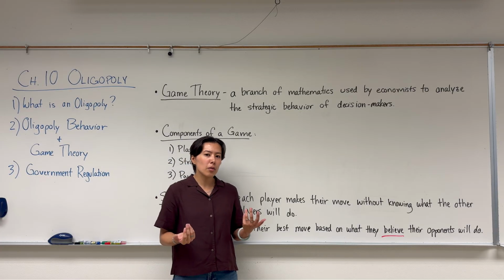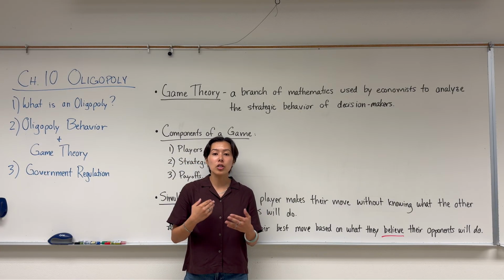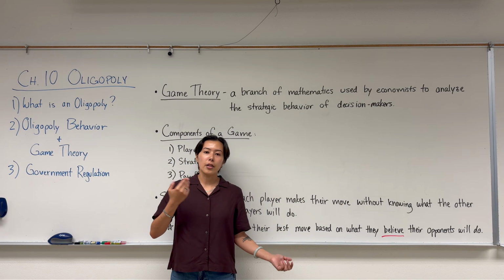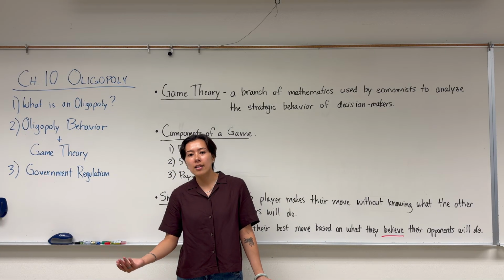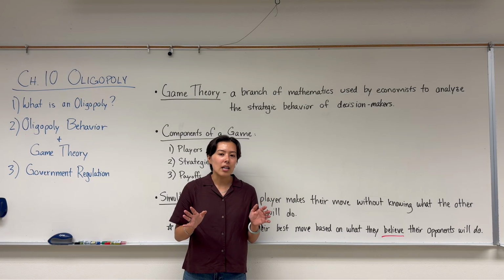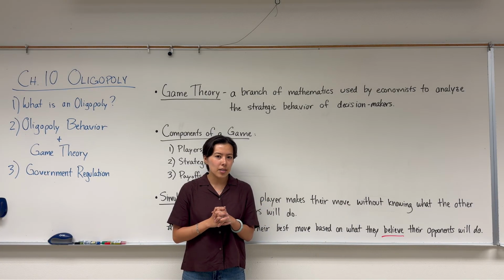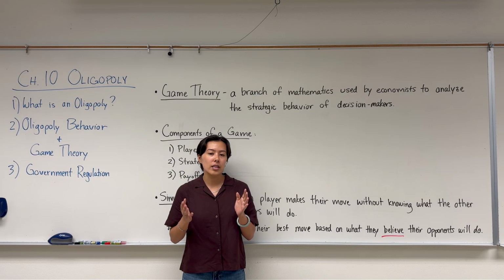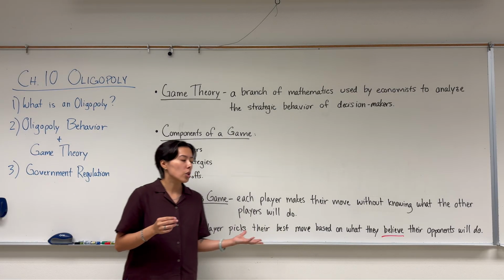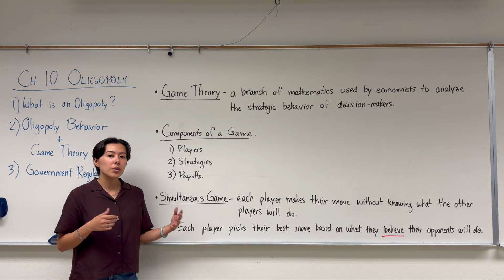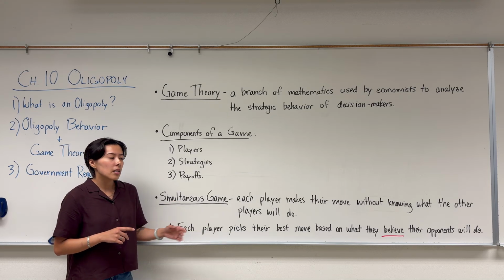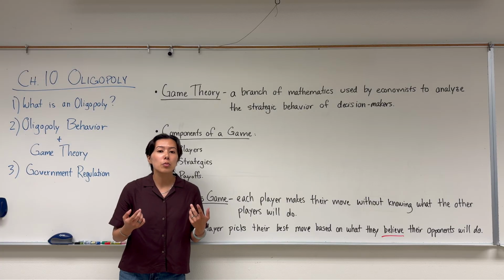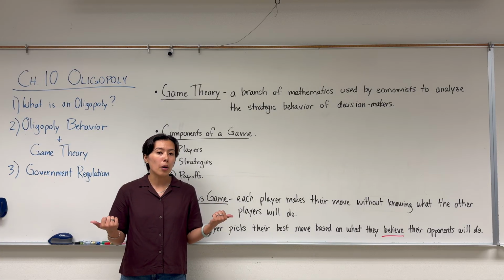Now, if you think about a regular board game, a board game is usually played in turns, right? Player 1 goes first, player 2 goes second, player 1 goes again. To simplify our analysis, we're not going to have this game played sequentially or in turns. Instead, we're going to have our players play what's called a simultaneous game. And so in a simultaneous game, each player is going to make their move at the same time as their opponent does.